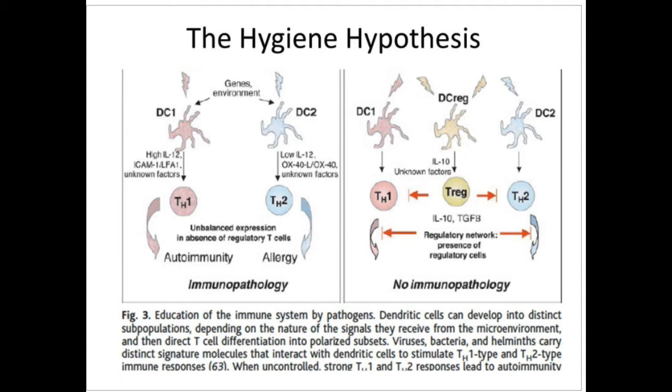The thought now is that you can modulate all of this if you can introduce T regulatory cells. At this point, you don't get either immunopathology. The idea is that this puts it on neutral ground, which is also going to prevent autoimmunity.